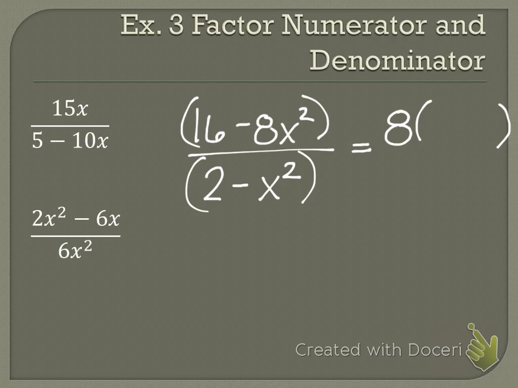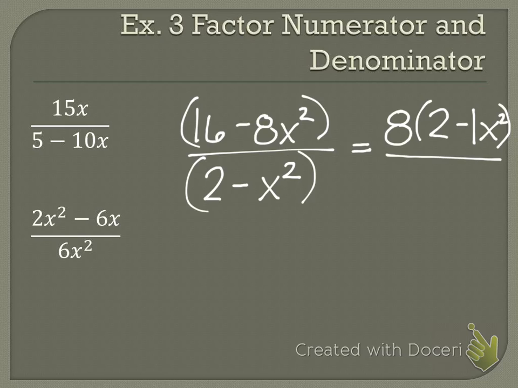So I say 16 right here divided by this 8 that I've taken out, and I am left with what? 2. So I write my 2 right there. Now what is 8 divided by this 8 that I've taken out? 1. So I take a minus and then minus 1 there. And then did I do anything to that x squared? No. I realized that there was no variables I could take out, so that stays just like it is.